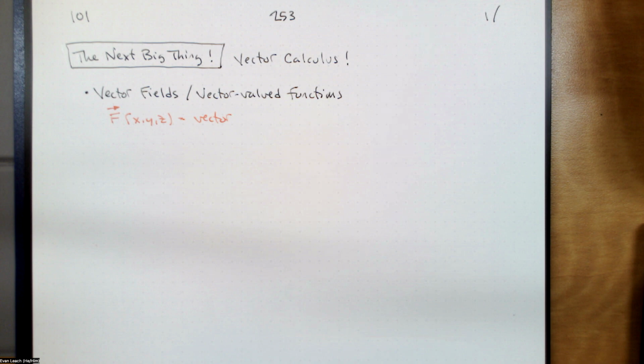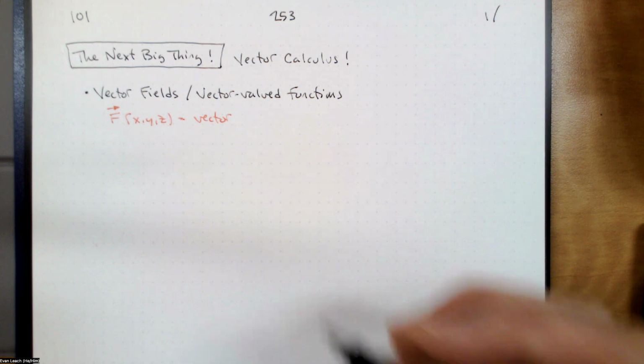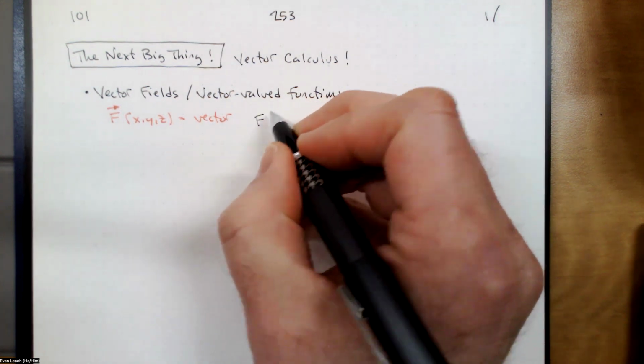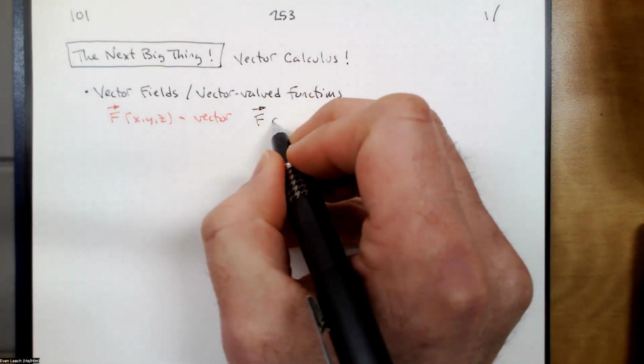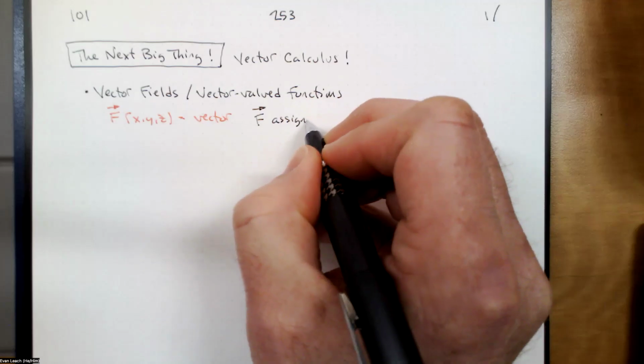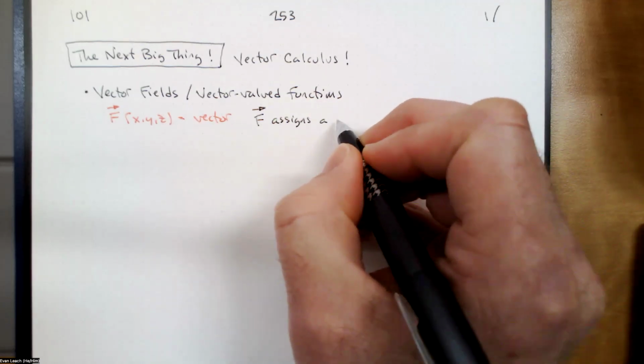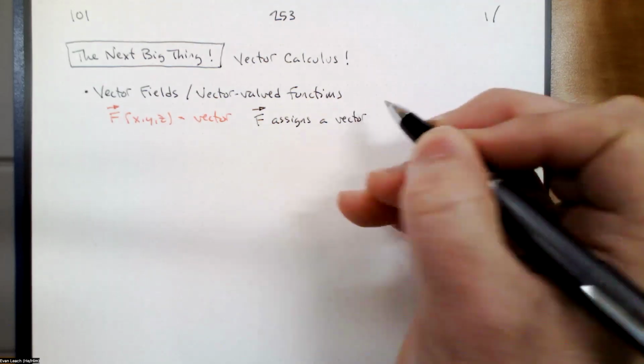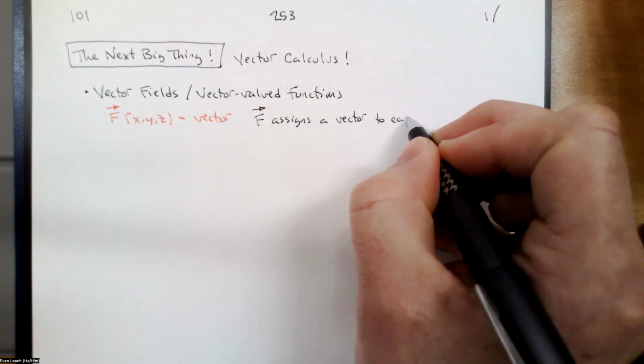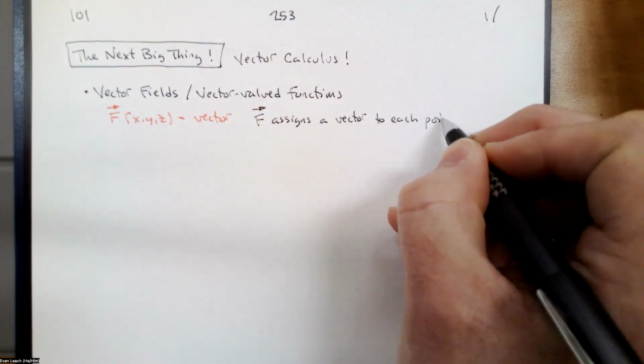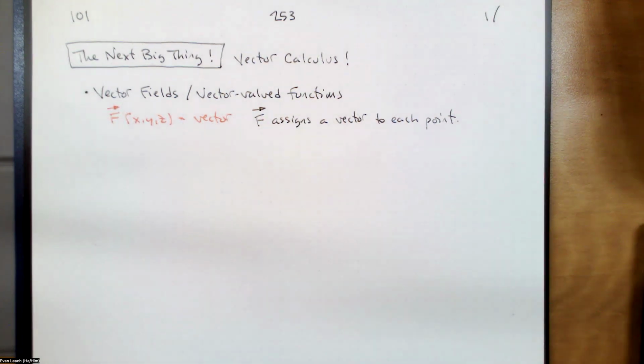We assign a vector. So the vector valued function assigns a vector to each point. That's the difference. Input point, output vector.